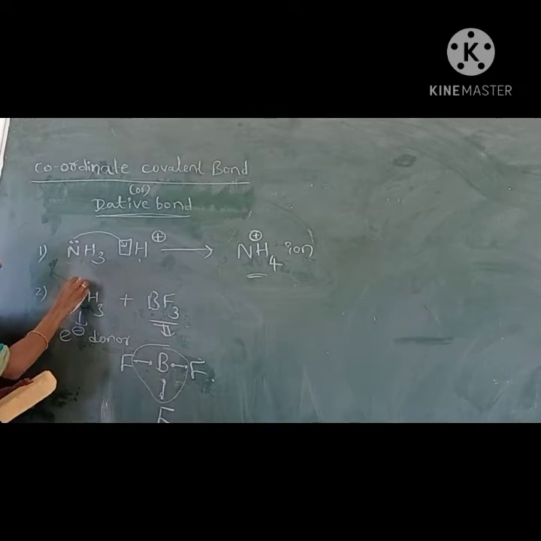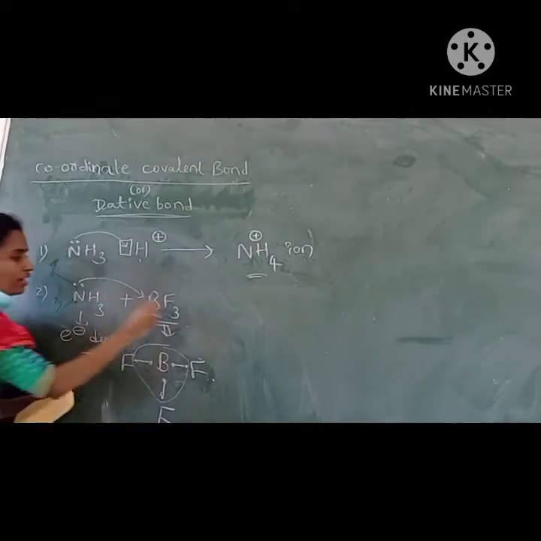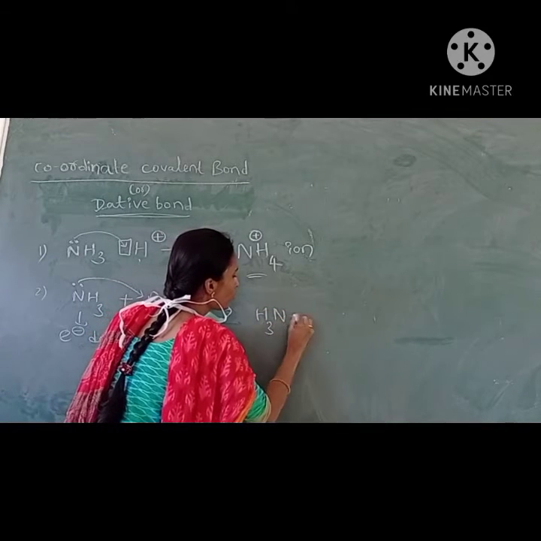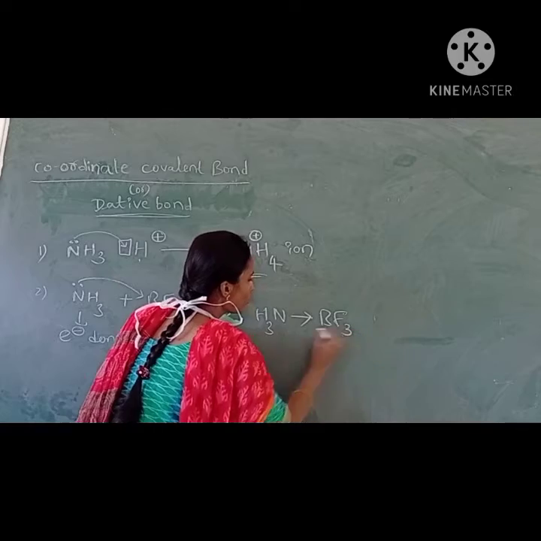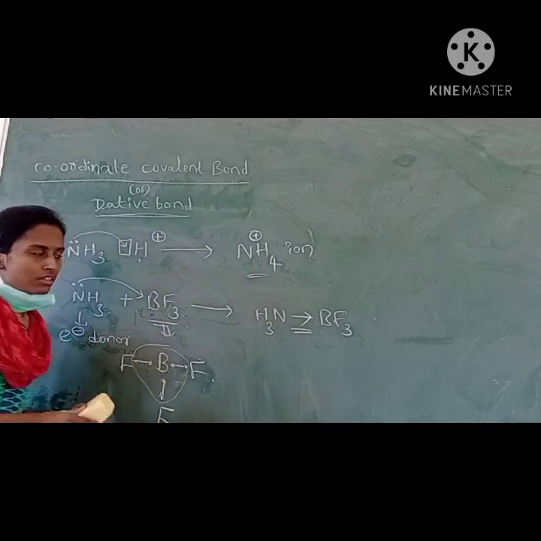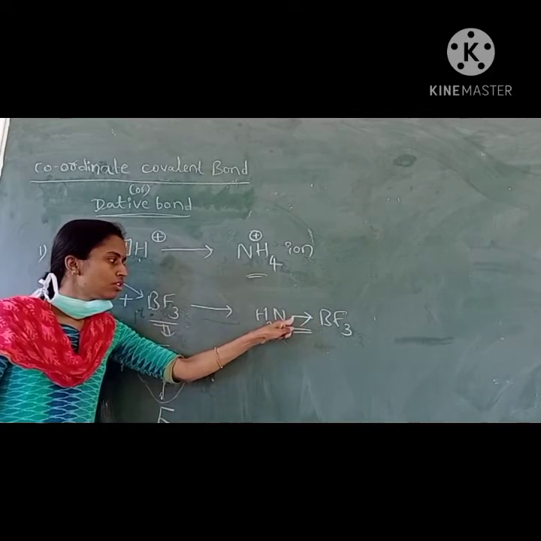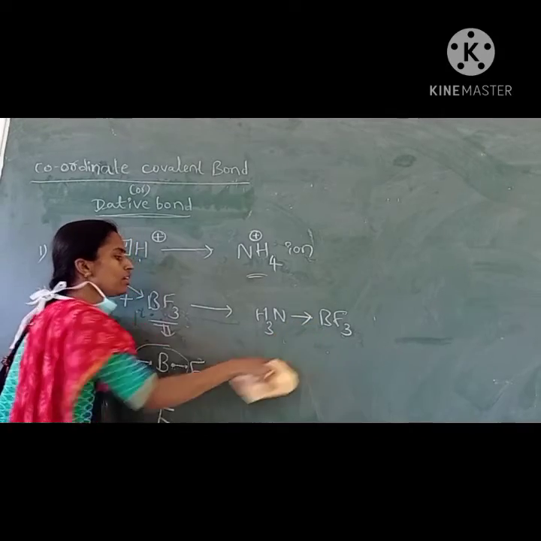It accepts the electron pair on the nitrogen atom and forms the coordinate covalent bond. We represent the coordinate covalent bond with an arrow mark, where one is donating and the other is accepting. So this is the coordinate covalent bond.